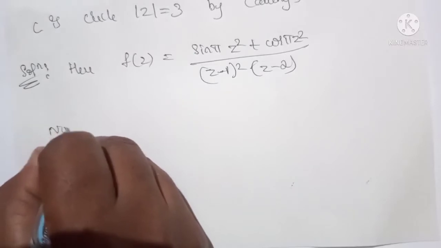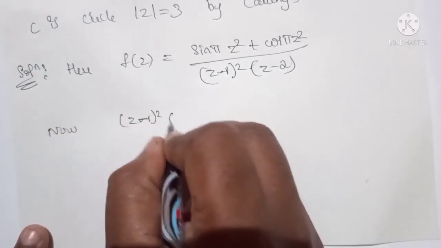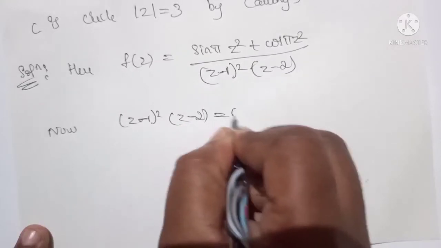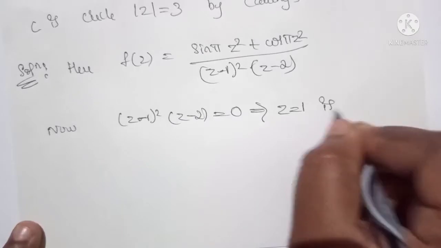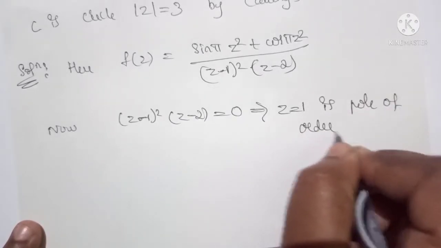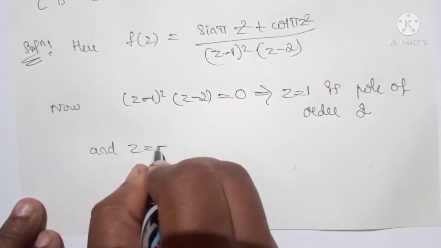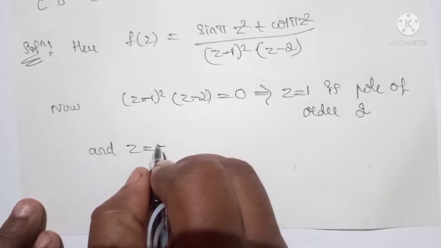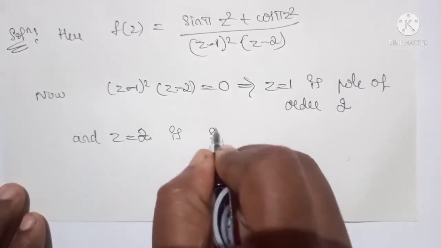Now z minus 1 whole square and z minus 2 equal to 0 implies that z equals 1 is a pole of order 2 and z equals 2 is a simple pole.